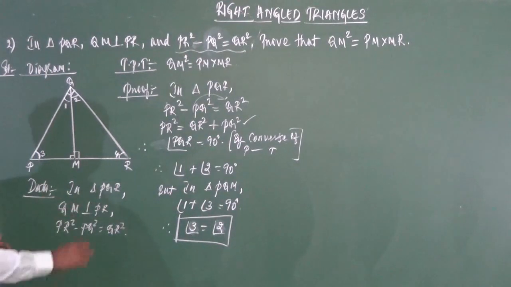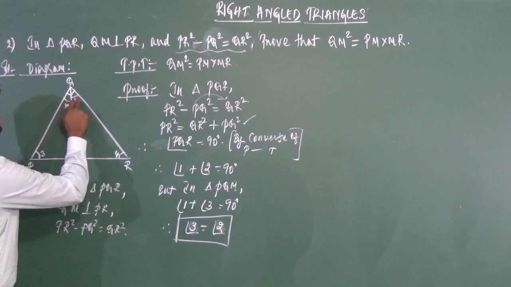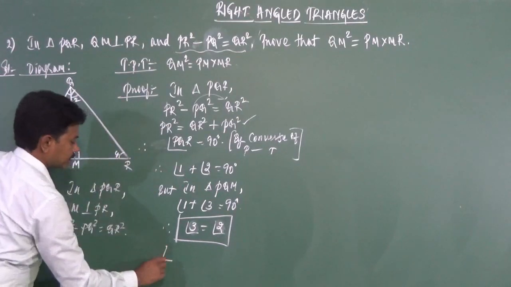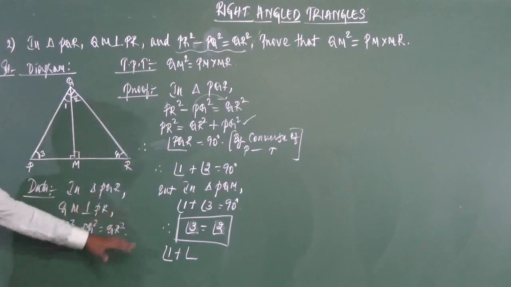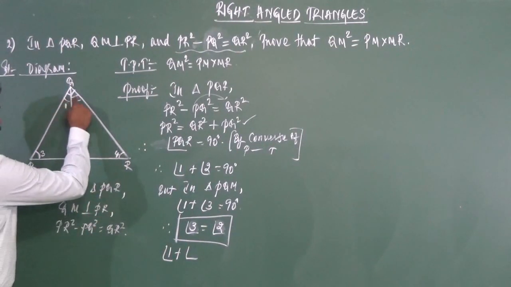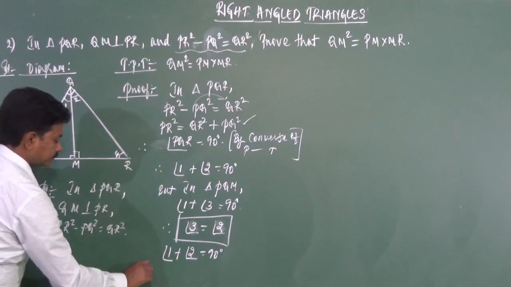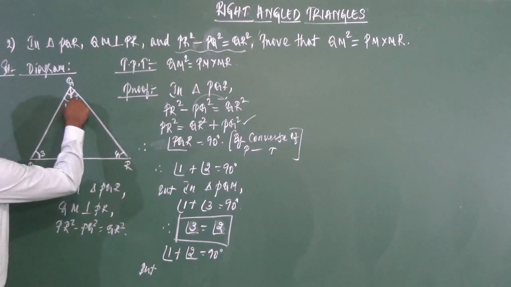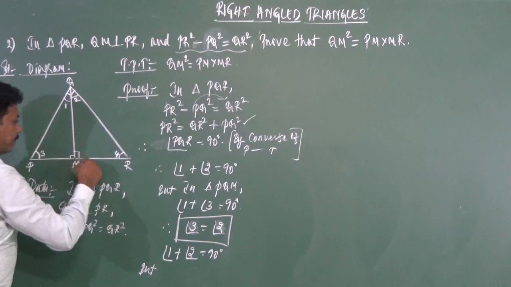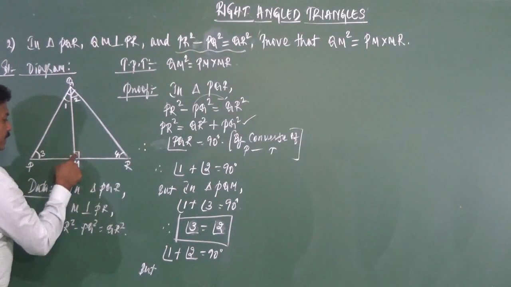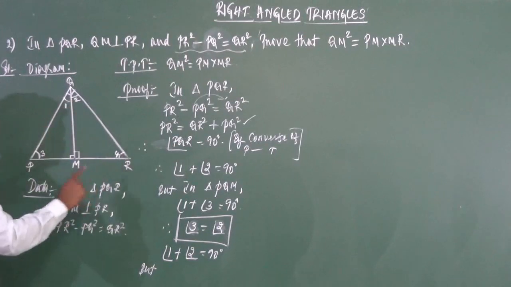So now similarly, here angle 1 plus angle 2 is equal to 90 degrees. This is not required for doing, it's understood, but for your convenience I am doing it once again. So angle 1 plus angle 2 is equal to 90 degrees, but angle 2 plus angle 4 is equal to 90 degrees, because in triangle QMR already one of the angles is 90 degrees, then the sum of the remaining two angles should be equal to 90 degrees.